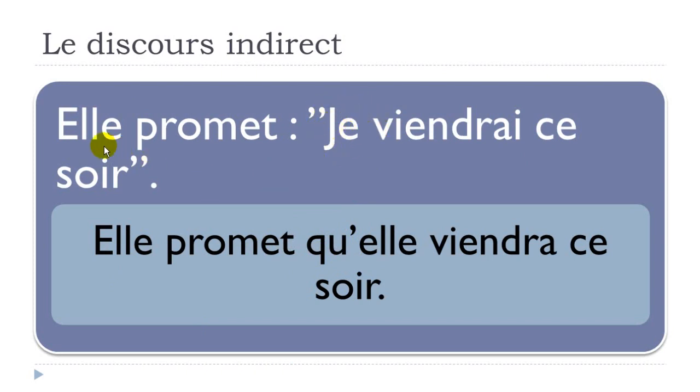We've got the subject and it's feminine, so it should be the third person of the feminine, qu'elle. Here we've got the future form, je viendrai, so you should put the verb at the future form as well, but for elle, it will be elle viendra, and then ce soir doesn't change. Elle promet qu'elle viendra ce soir.